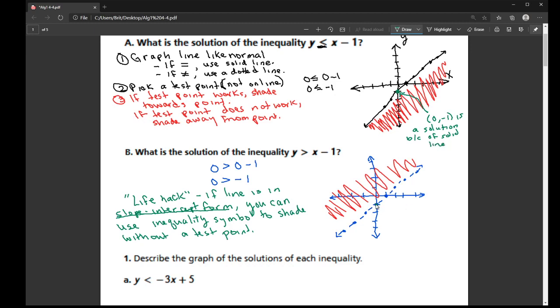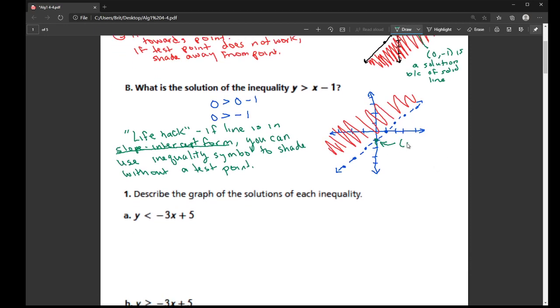But here on this graph at the bottom, the blue graph, this point, (0, -1), is not a solution because the line is dotted. So just be aware that the points on the line change whether they're part of the solution when you have a solid or a dotted line.